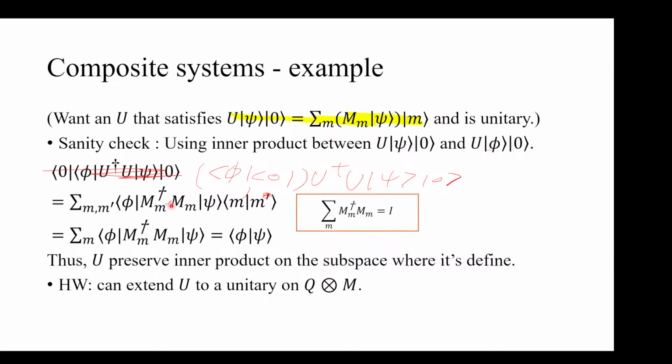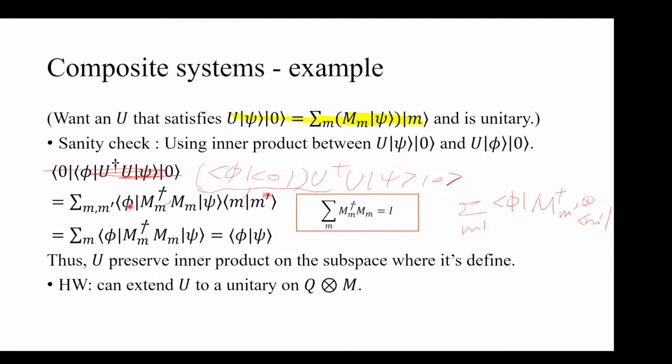So I guess let's write this thing here. This part should be a summation over m prime. Taking the dual, we get the sum of phi and m dagger sub m prime, tensor over m prime.